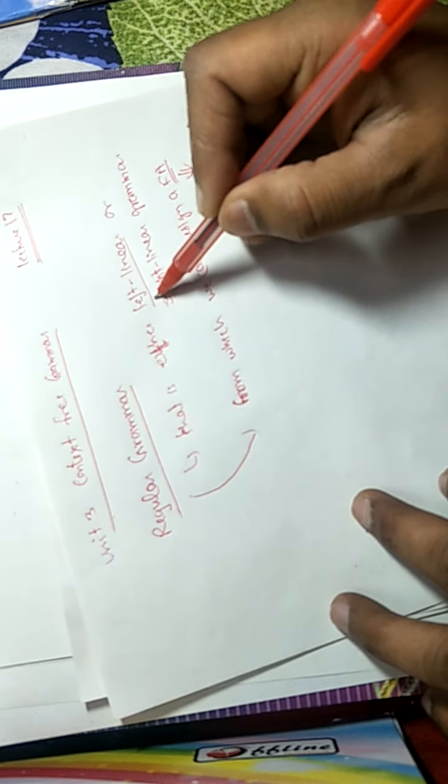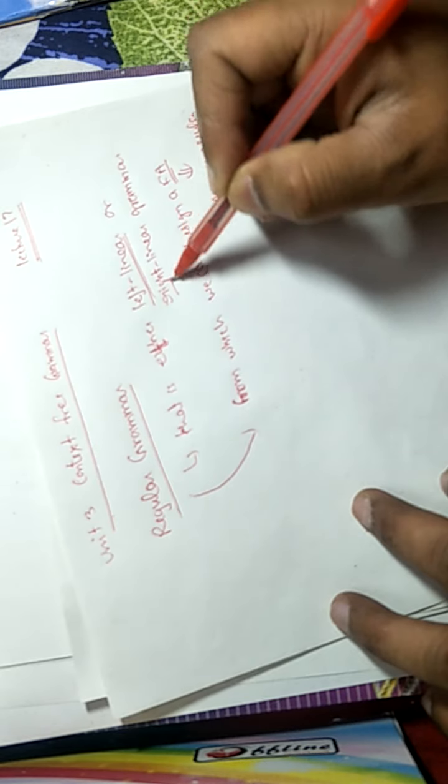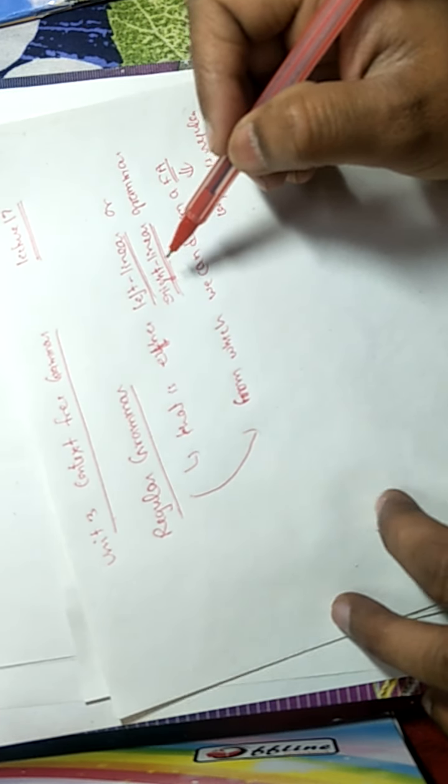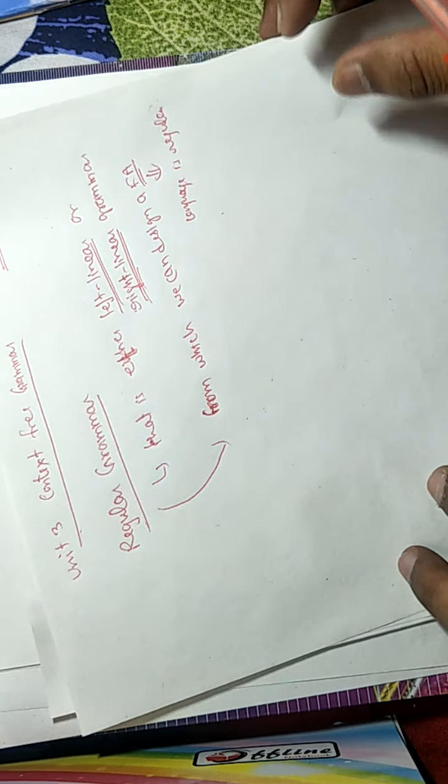So first look at what is left linear grammar and what is right linear grammar, as these are some new terms for us.